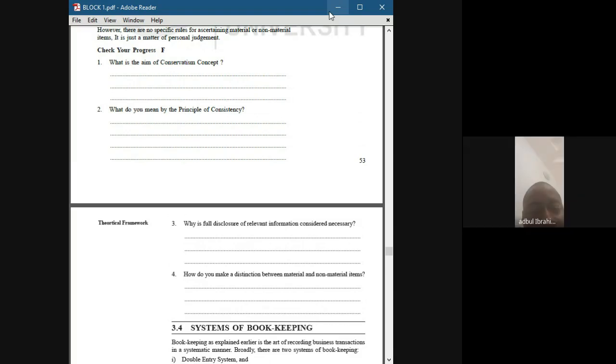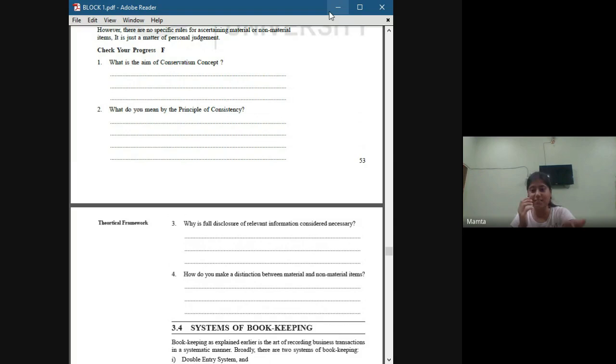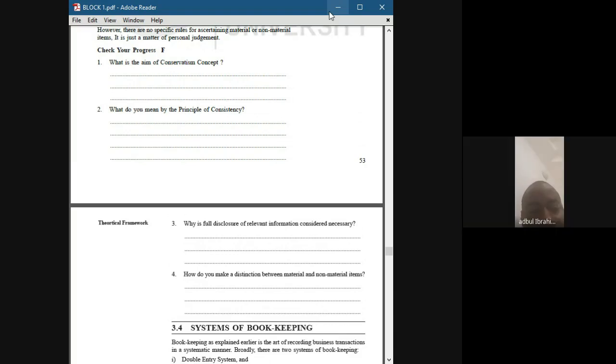Double entry tells you that you should pay to receive the goods, and you have to record both entries. When it comes to the cash account, you enter the purchase of goods in the cash account, but when it comes to the goods account, you have to mention this entry in the goods account too. It gives a double effect: you have received something and you have given something. That is what double entry is. Thank you, ma. Understood well.